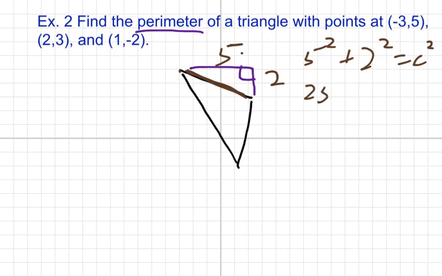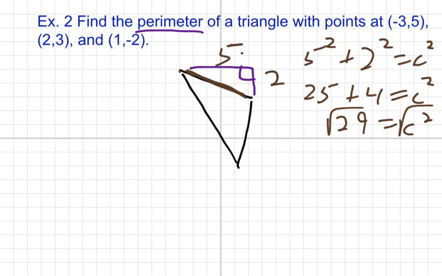And that means 25 plus 4 equals c squared. So 29 equals c squared. And I take the square root for my last step to get rid of that squared. And it would just be the square root of 29. And I can find that as a decimal a little later. Alright, so I have that one down.